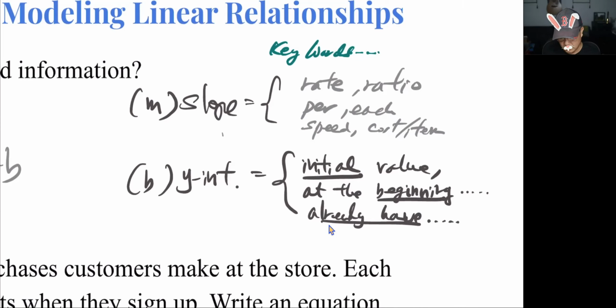Y-intercept. The keyword is initial value. At the beginning. The bathtub already has 15 gallons, right? At the beginning, the height of the candle is, and so on. Anything that implies the beginning value, the initial value, we call it the y-intercept.